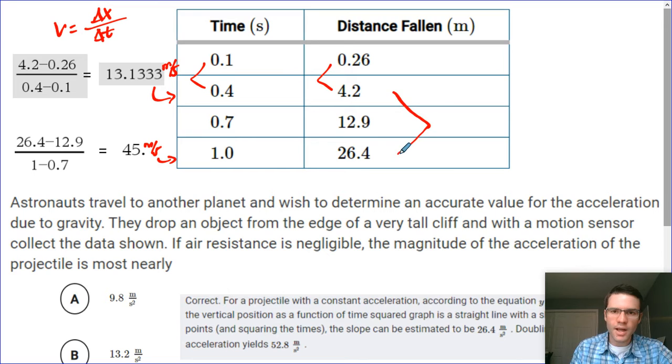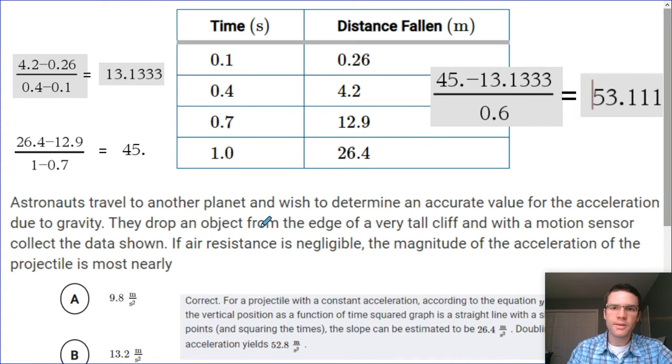If I have an average velocity for both of these, I can do this. I can say my change in velocity over my change in time is equal to my average acceleration. We'll get an average acceleration for these two time values, the 0.4 and the 1, by taking the difference between our velocities and dividing it by our time. And the time between 1 and 0.4 is 0.6 seconds.